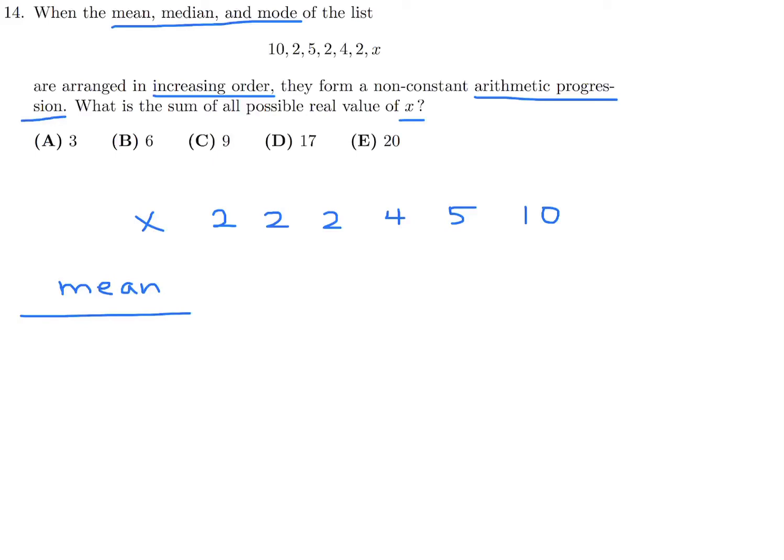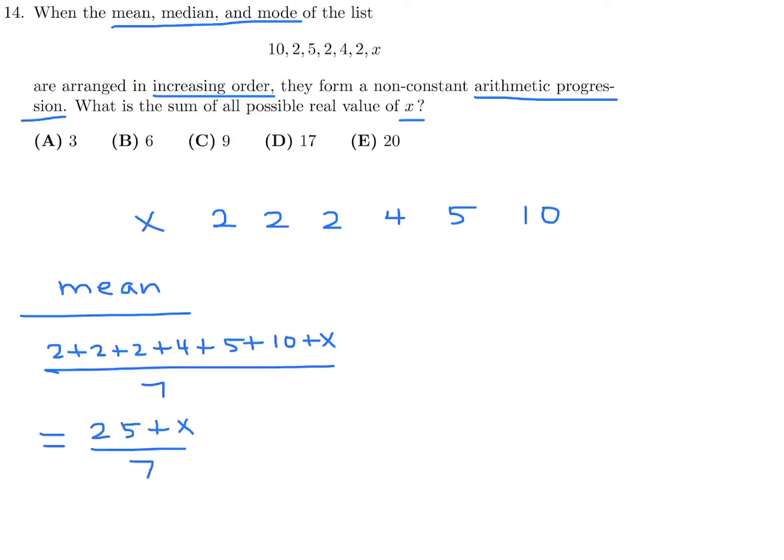So this looks like 2 plus 2 plus 2 plus 4 plus 5 plus 10 plus x all over 1, 2, 3, 4, 5, 6, 7 numbers. So this looks like 25 plus x over 7. So that takes care of the mean.